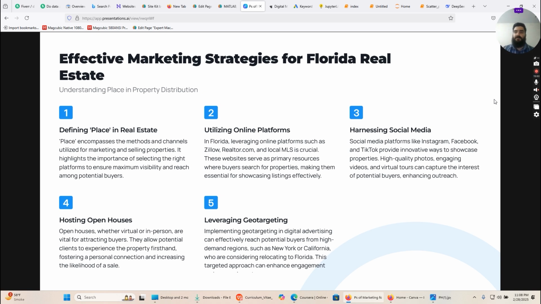So why not just catch you and communicate with you. These websites serve as a primary source where buyers search for properties, making them essential for showcasing listings effectively.